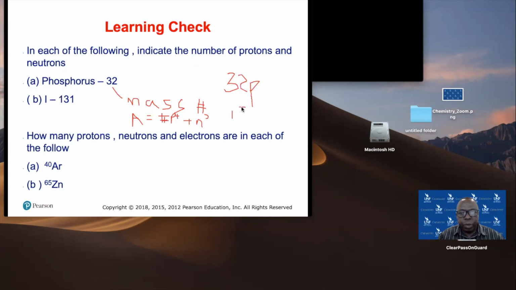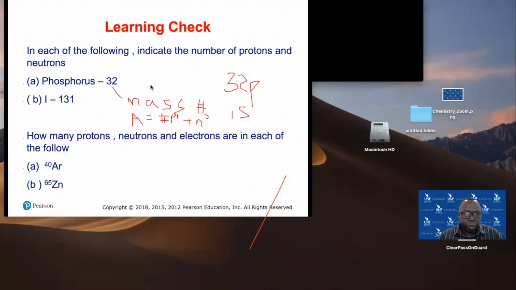You are expected to know that the mass number equals, somebody has a question, let me see, I'm going to come back to that. So you subtract 32 minus 15, which is 17.